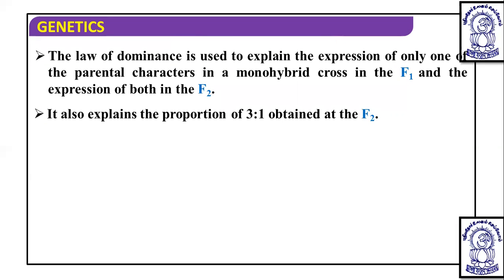So this law of dominance explains that capital T is dominant over small t in the F1 generation. Similarly, tallness is dominant over dwarfness. So when there is a dissimilar pair of alleles, capital T and small t, capital T dominates small t, and only capital T is going to be expressed. Small t is not going to be expressed. So the tall phenotype is obtained. And that is the law of dominance. But there are some exceptions to the law of dominance also.